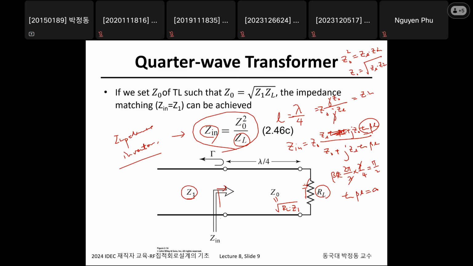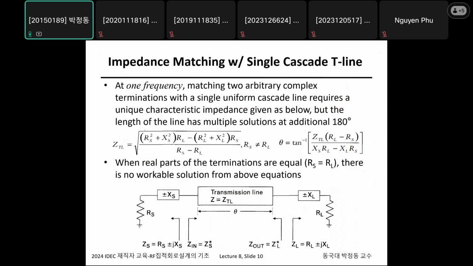That's very useful. Another way to achieve this is an extended version of the previous design. In this case, this impedance is complex. So RS plus minus jXS, and load impedance is also complex, RL plus minus jXL.